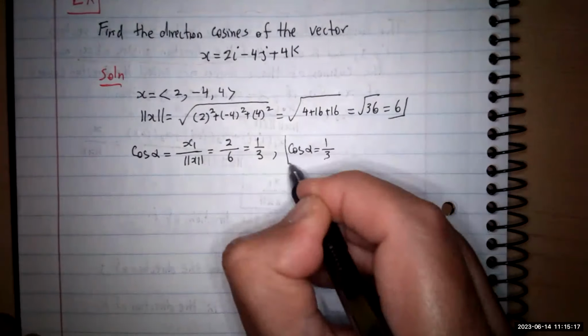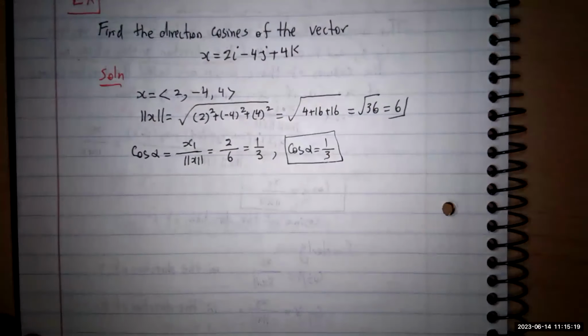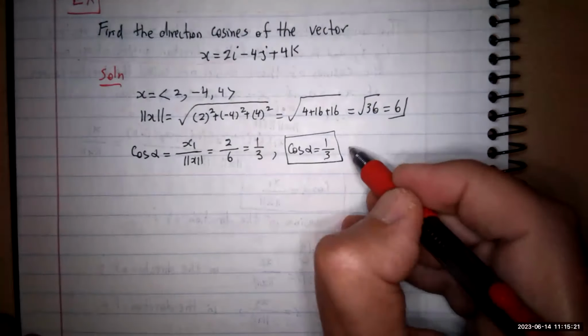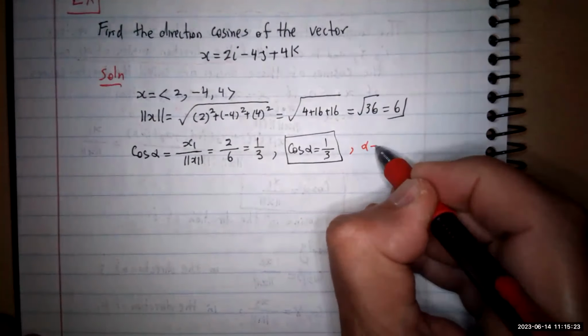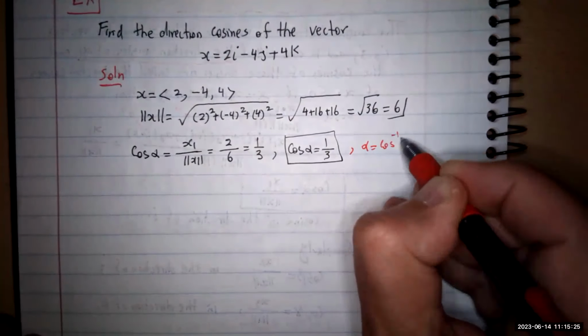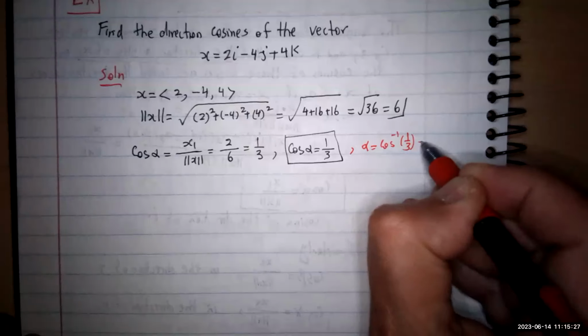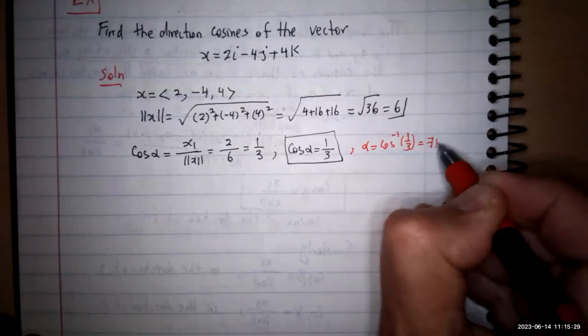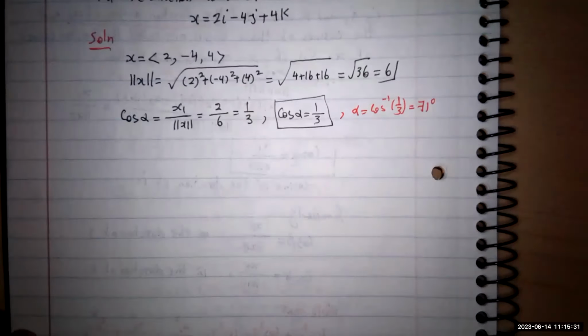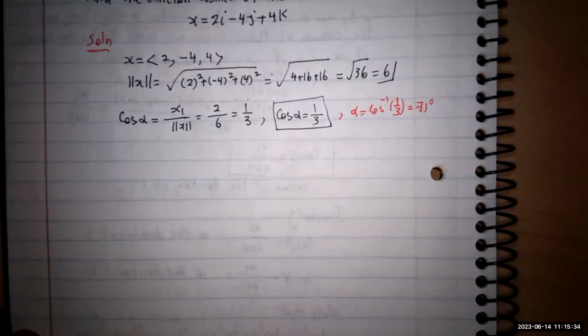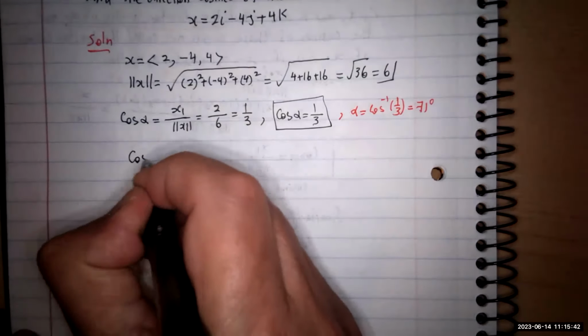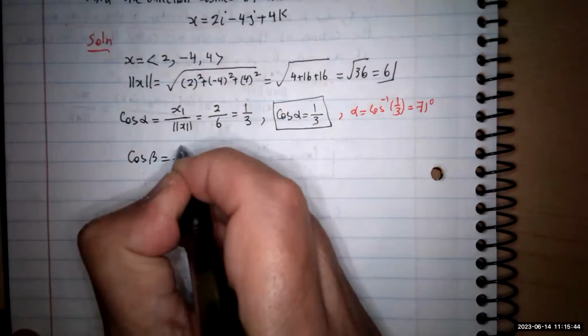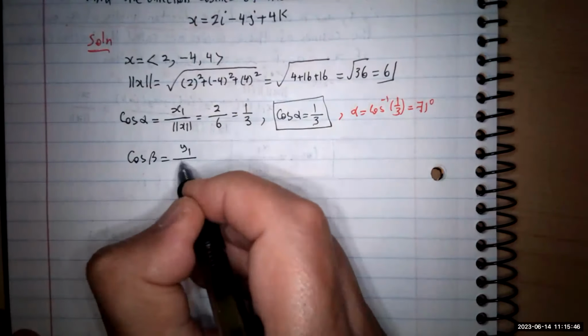They ask only for the cosine, but you can use your calculator if you like to find alpha. So alpha would be cosine inverse of 1/3. With your calculator, you get 71 degrees. But they didn't ask for it, though in your book they ask. Okay, question. We do the same thing for the cosine of beta. This is going to be in the j direction.